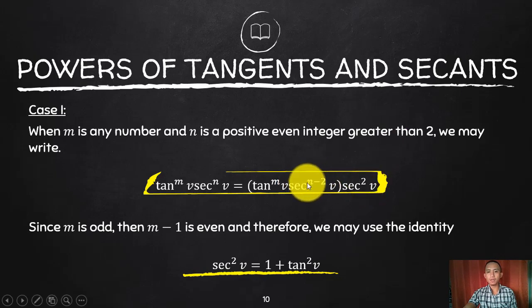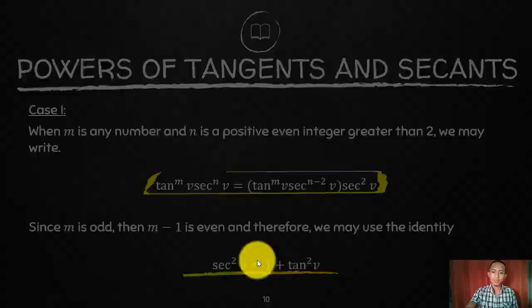I will transform that one, everything into every secant left behind inside. I will transform that one into tangent, so that everything will become tangent inside, and the secant squared of the angle is the perfect differential of the tangent. So I will just apply again power, making use of this identity. Okay, this is your trigonometric identity.